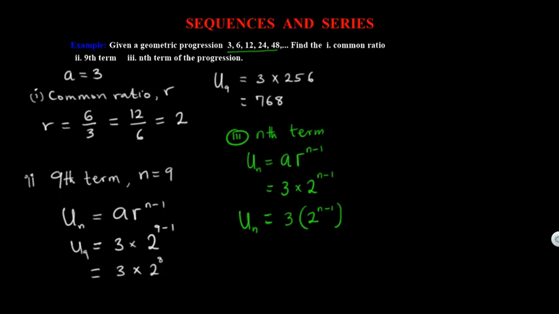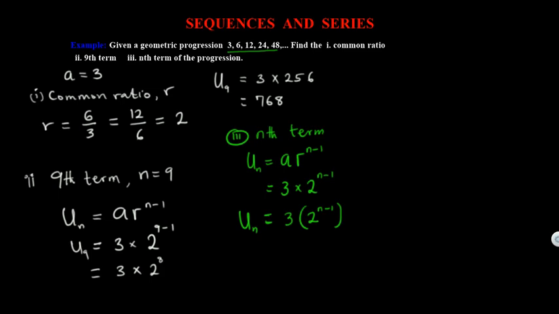But it has to follow a particular pattern, and it must be a common value. A series is when the terms of a sequence are added together, such as 3 plus 6 plus 12 plus 24 plus 48.